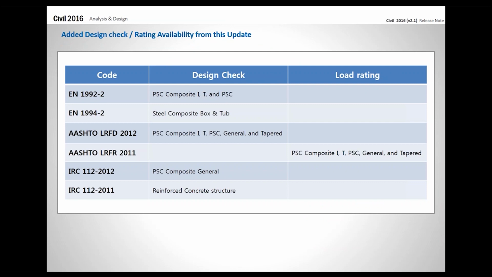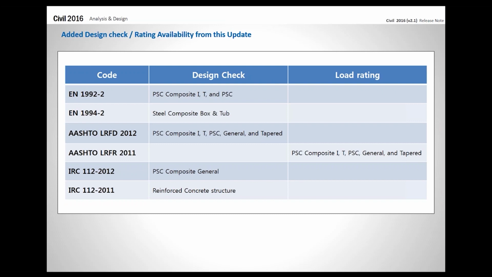I thought I went through the design check and load rating information too quickly, so I just made a brief table summarizing what was added through this newly released version of MIDAS Civil. For design check, Eurocode 1992 PSC composite design check is available. 1994 steel composite box and tub section is available.